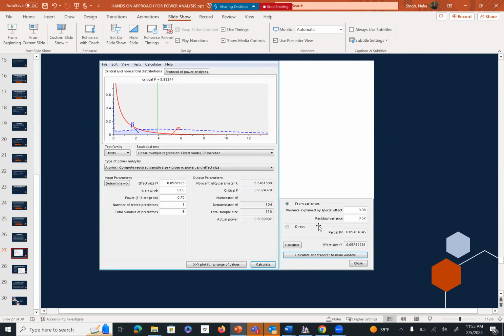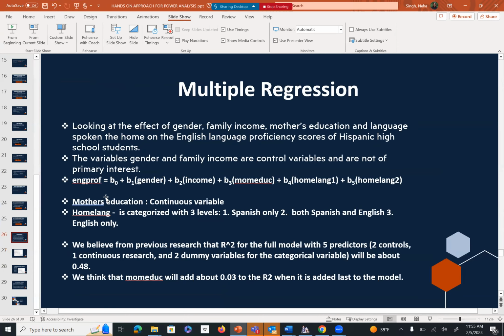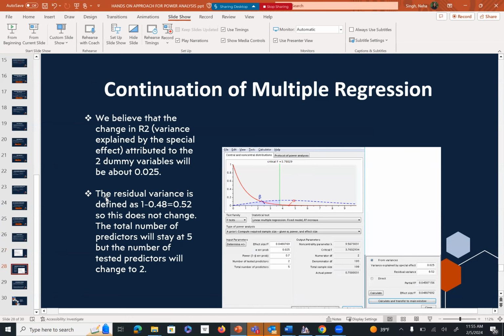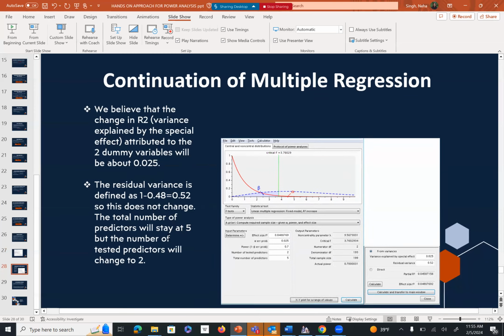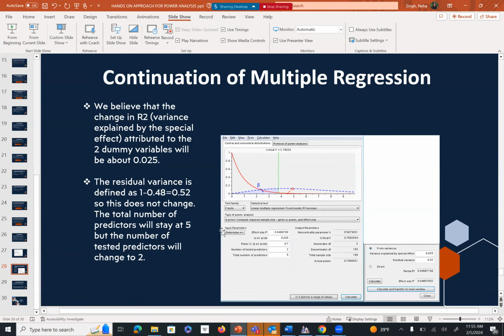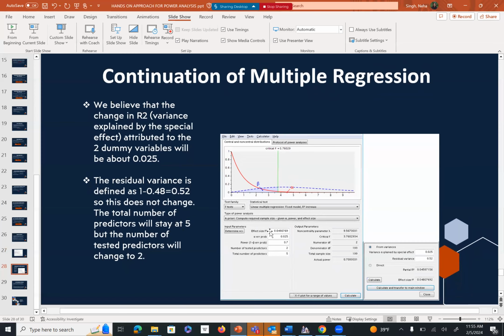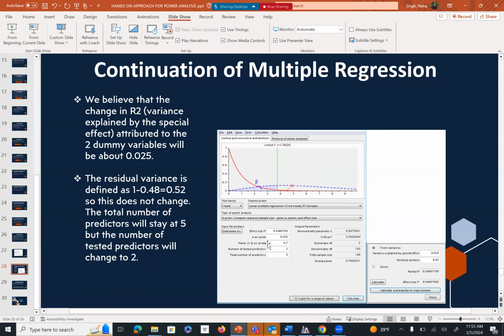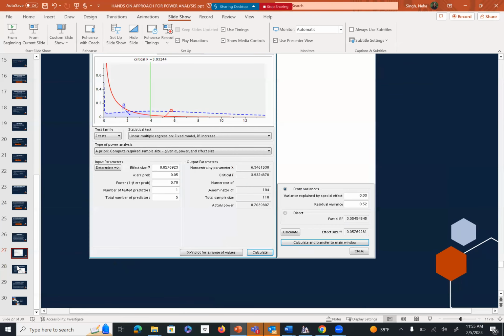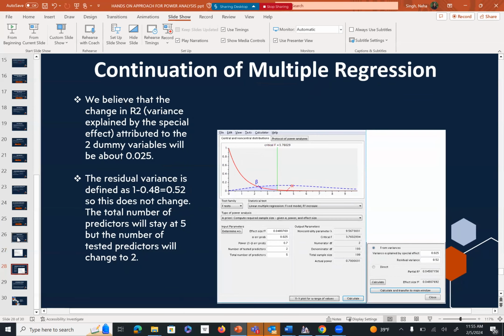And here, from variances from previously, let me just go back and backtrack. So for example, let's say we have an effect size of 0.048, and we're looking at 2 predictors of interest, let's say home language 1 and home language 2.